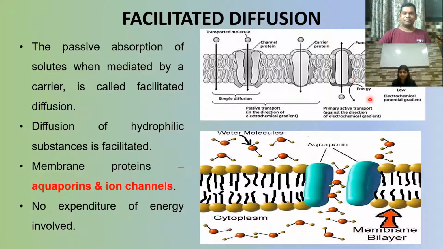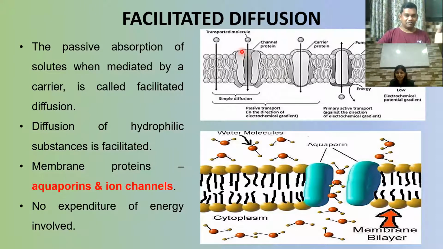Now, consider this first case. This is a molecule that has to be brought inside the cell. If it is crossing the phospholipid bilayer on its own, then it is called simple diffusion. There are certain proteins on the plasma membrane called channel proteins.